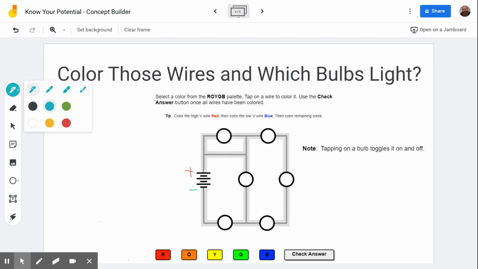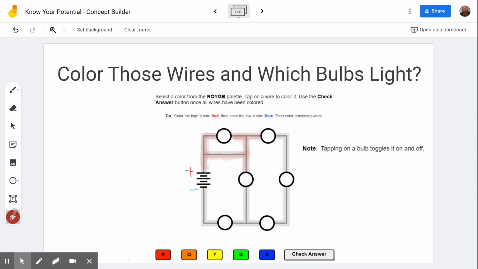Okay, so everything attached to the positive side of the battery, you'll end up clicking on. You'll click down here on red, and then you'll click on this wire up here, and it'll turn red because it's attached to this battery. But remember, all the wires that are connected to that battery have the same electric potential, meaning each charge has the same amount of energy.